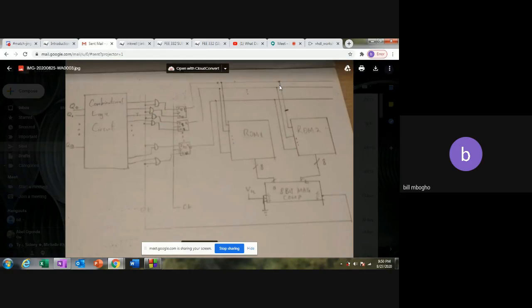I'm, let's say, 53% sure. I'm above 50 because of this part, the combination of the counter that is synchronous.